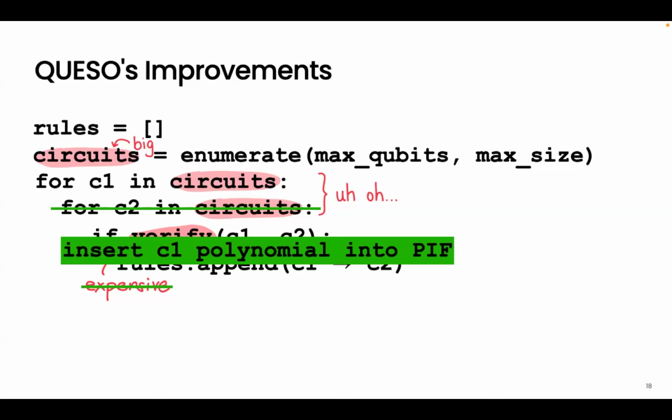All the circuits in this set should have the same value, and that means that they're equivalent. And how you get the value is by instantiating the polynomial with some real numbers and then evaluating it.